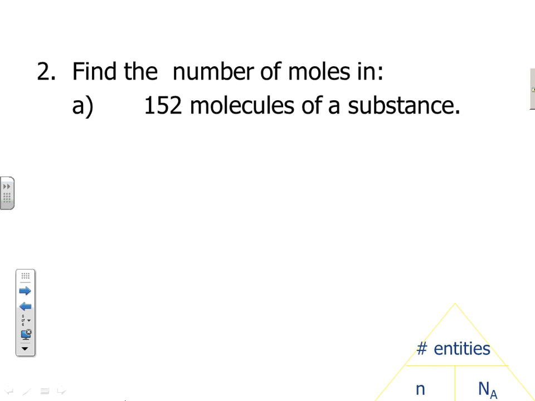Let's now find the number of moles. Oh, are you kidding me? 152 molecules? That's going to be a tiny little number, but that's okay. We're all right. So 3.01 times 10 to the 24 entities, little tiny things.